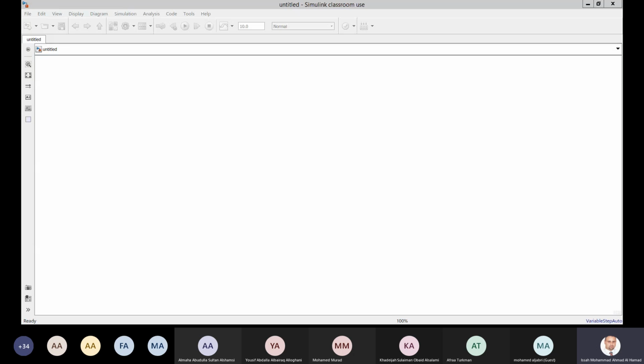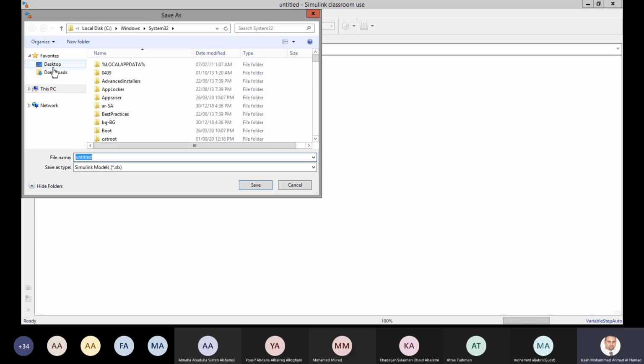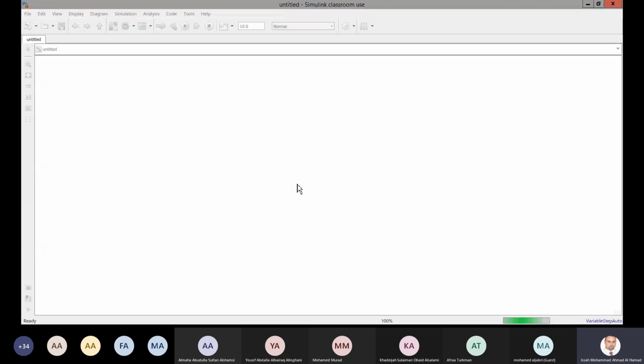Right. So I will go back to Simulink. You can save this, and let's see what is the extension for this file. So you can save this as SLX Simulink model. Okay, so you have two extensions, whatever.